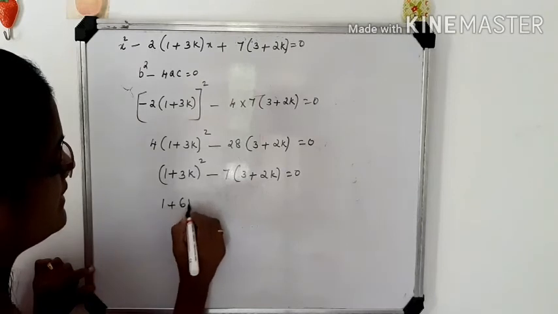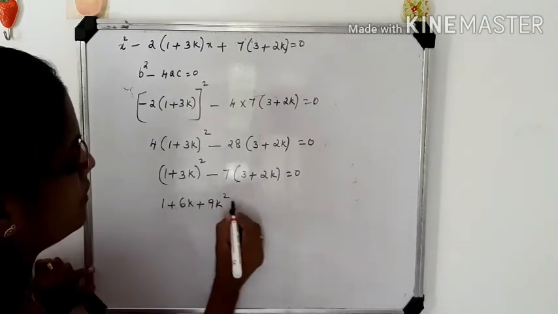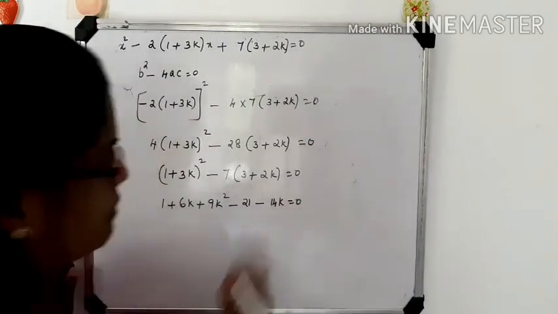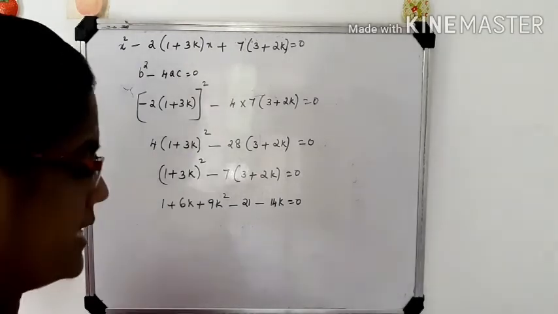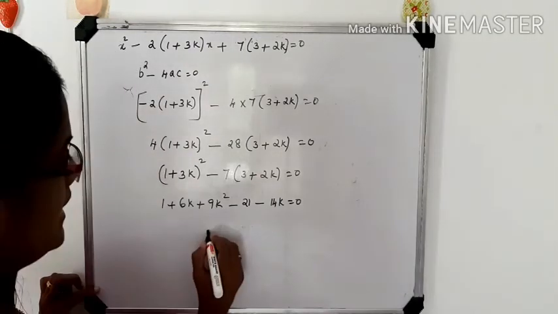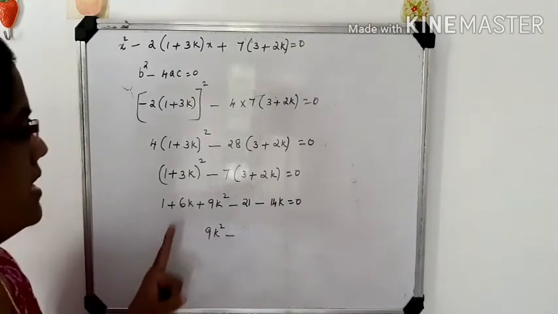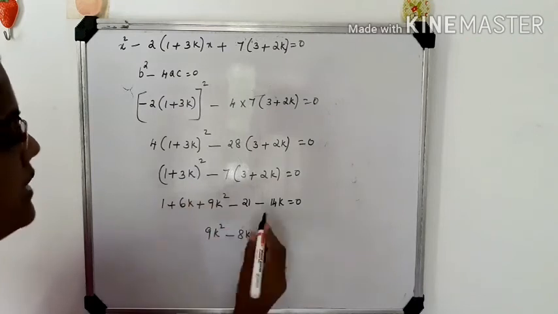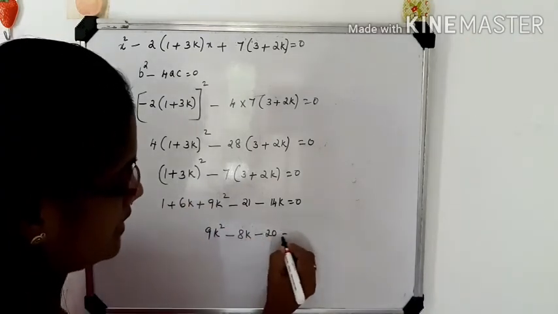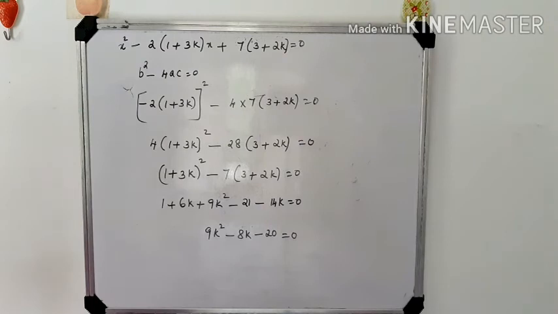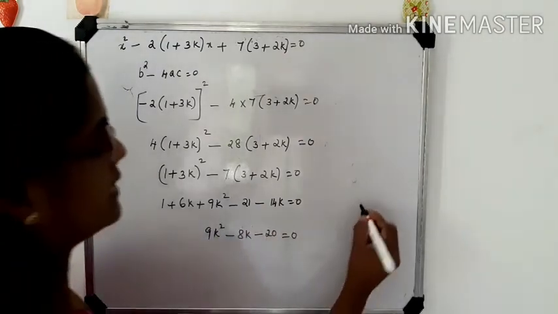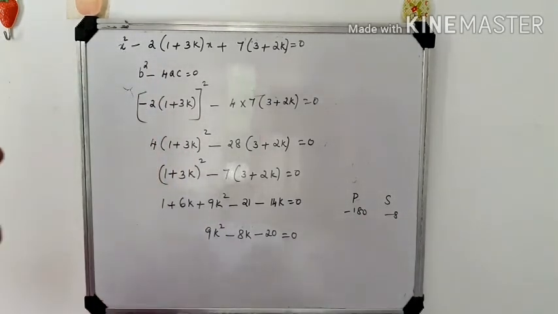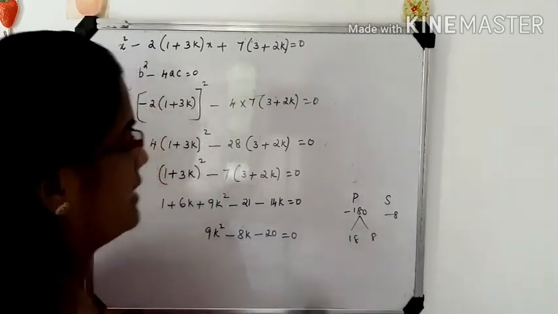1 plus 6k plus 9k square minus 21 minus 14k equals 0. Now the equation will be 9k square, 6k minus 14k that is minus 8k, minus 21 plus 1 minus 20, equals 0. 9k square minus 8k minus 20 equals 0. The product should be minus 180 and the sum should be minus 8. 18 and 8, 18 and 8.